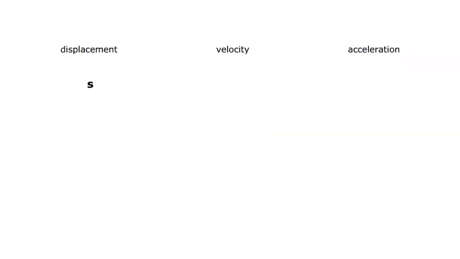So displacement is often represented by the letter S. Sometimes it is represented by the letter X, and it means the position of the thing that we're talking about with respect to a point.